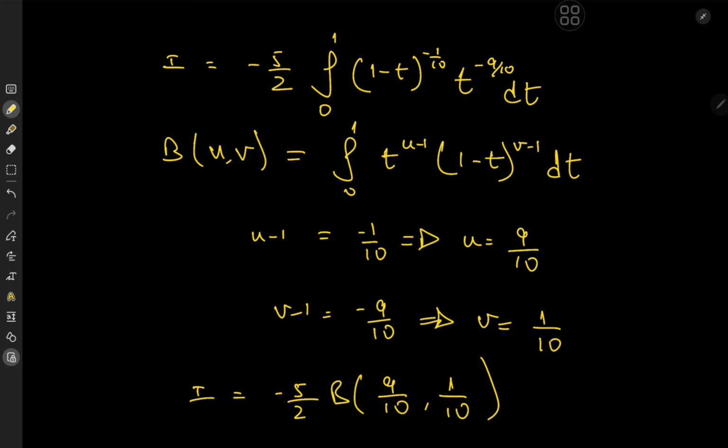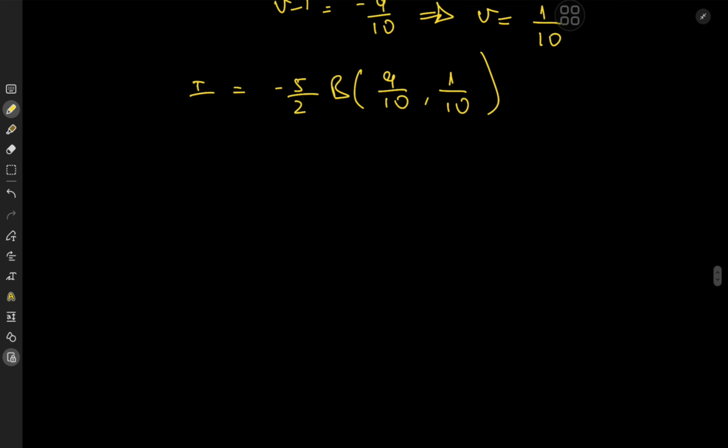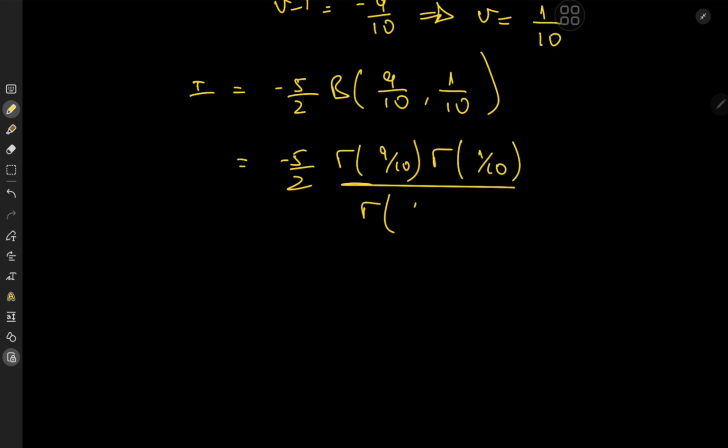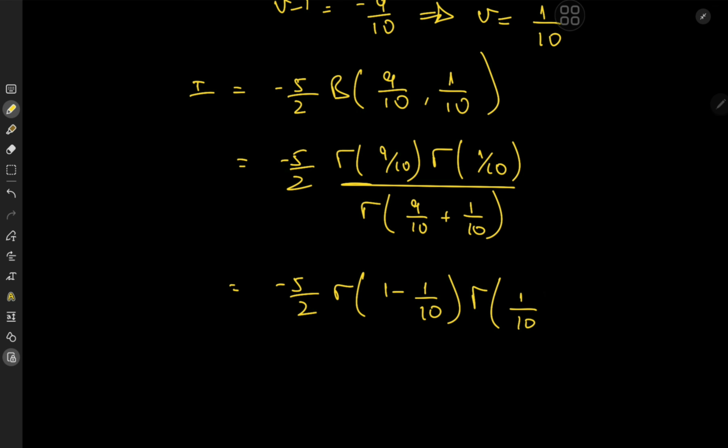Which is pretty cool, because now we can invoke the relationship between the beta and the gamma functions. So we have negative 5 halves, gamma 9 over 10, gamma 1 over 10, over gamma 9 over 10 plus 1 over 10, which yields minus 5 over 2 gamma of 1 minus 1 over 10 times gamma 1 over 10 over gamma 1, which is just 1.